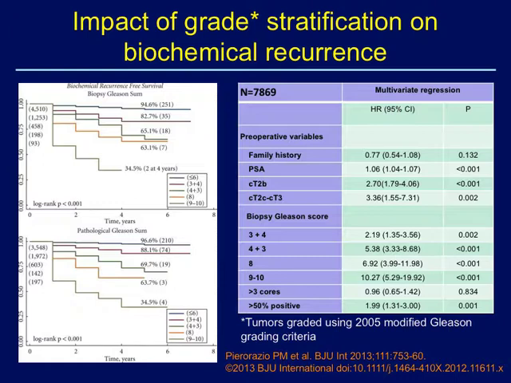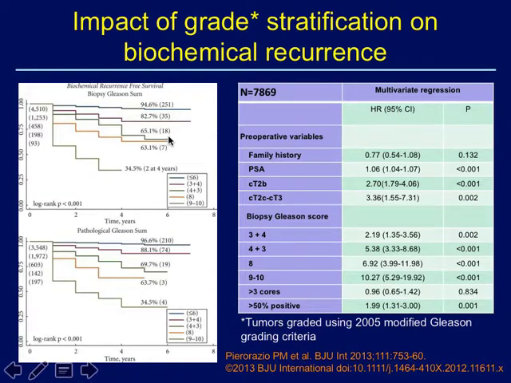So here again is the Johns Hopkins data looking at that. You can see that if you look at a Gleason score 6 using the modified 2005 criteria, this is on radical prostatectomy and biopsy at the top, biochemical recurrence is relatively rare. So these do very, very well.